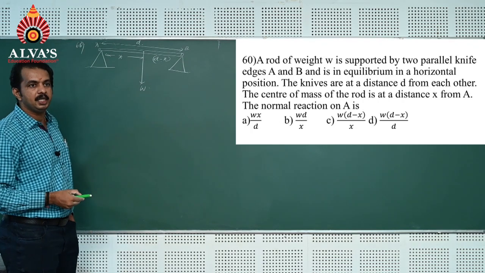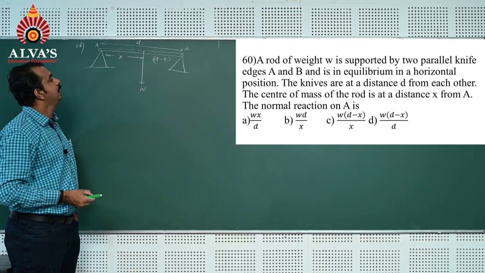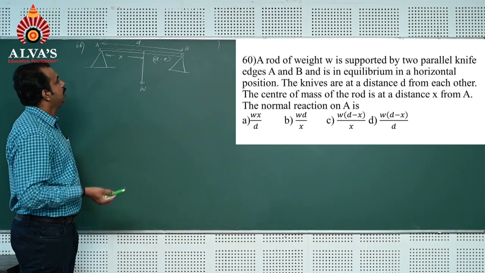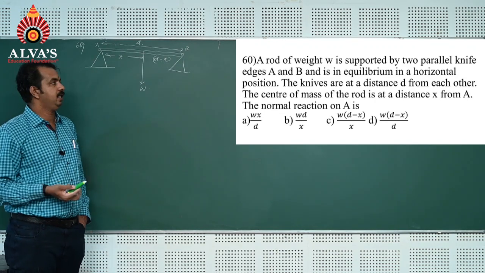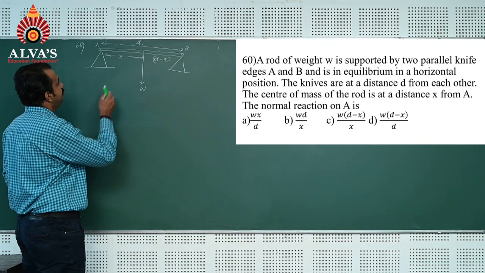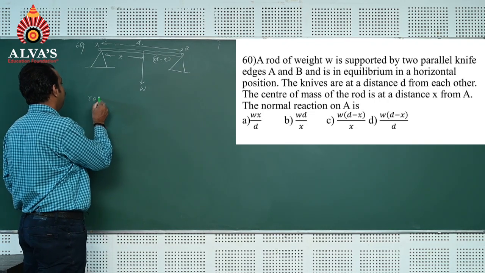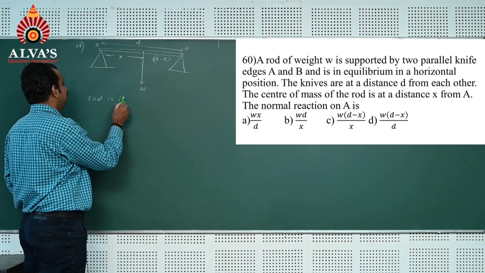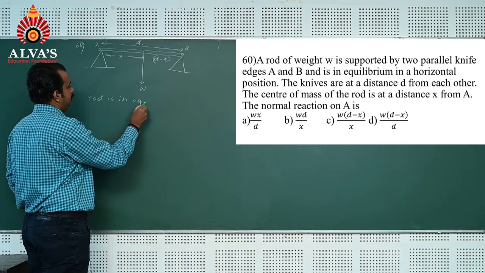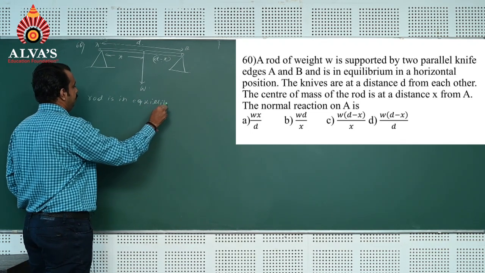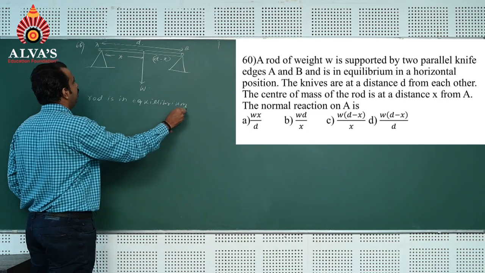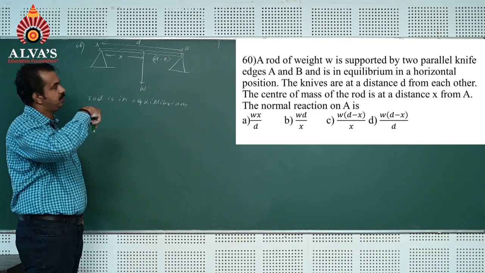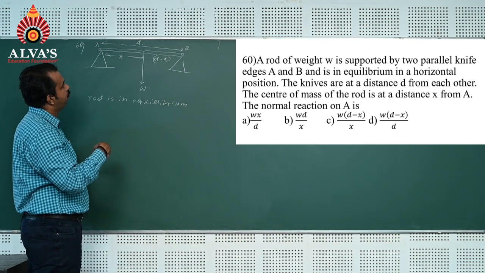Since the rod is in equilibrium, both translational equilibrium as well as rotational equilibrium hold. The sum of the upward forces is equal to the sum of the downward forces.